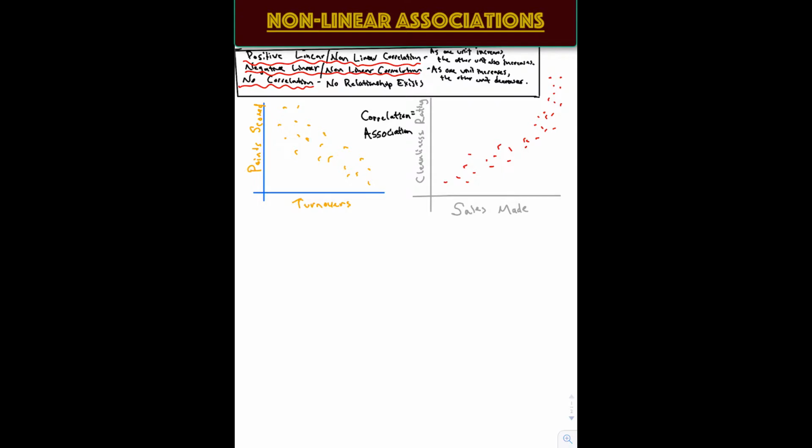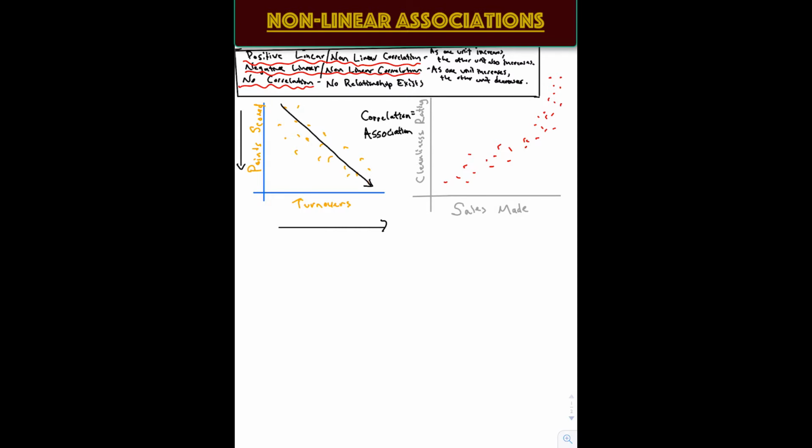So as we evaluate this, I start to notice that as turnovers increase, the amount of points scored are going down. And I'm going to draw a line of best fit, an estimated line of best fit right through the heart of the data.